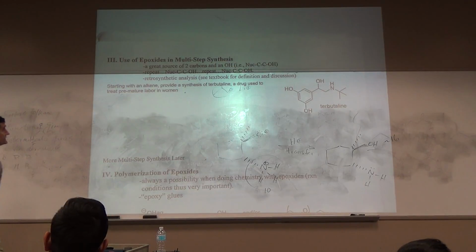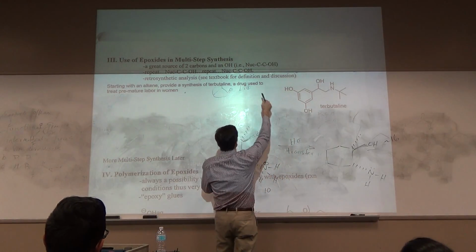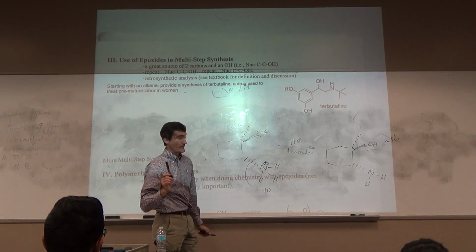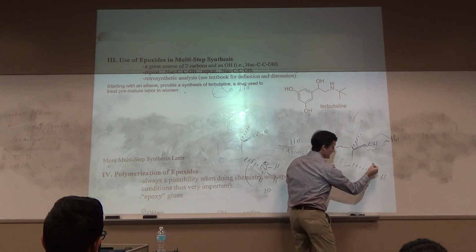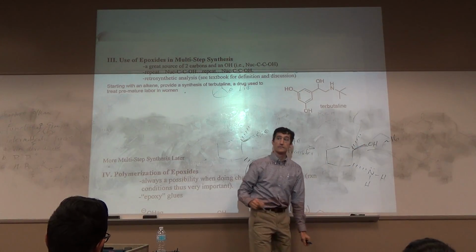Okay, use of epoxides in the multi-step synthesis. Epoxide is a great source of 2 carbons and an OH upon being attacked by a nucleophile. These reactions, we ended up with nucleophile, carbon, carbon, OH. This was originally the nucleophile. Carbon, carbon, OH.